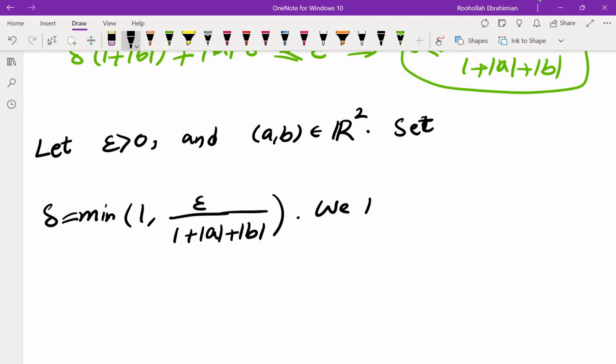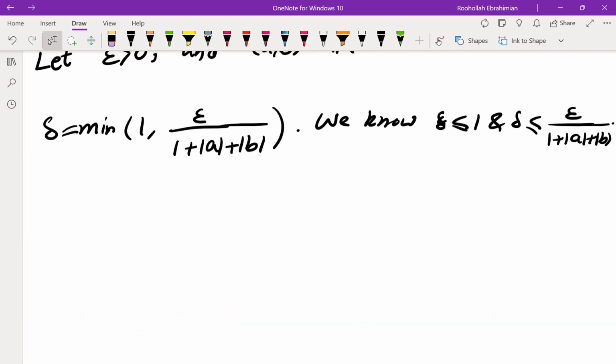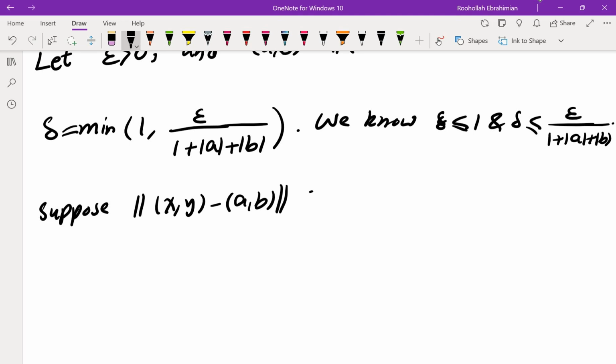Now, we know that delta is less than or equal to 1 and delta is less than or equal to epsilon over 1 plus the absolute value of a plus the absolute value of b. So we're going to start by writing down the assumption. Suppose the distance between (x, y) and (a, b) is less than delta.